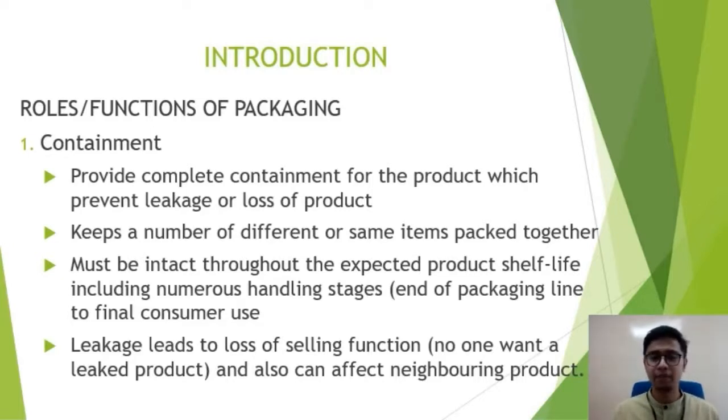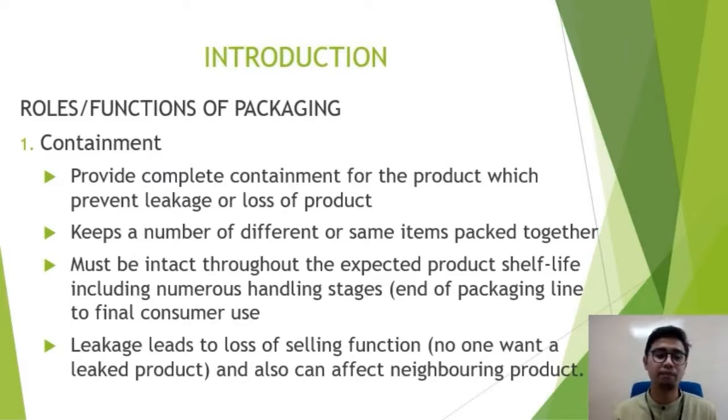And it must be intact in order to serve its purpose as containment throughout the expected product shelf life, including numerous handling stages, until the end of the packaging line to final consumer use. It must be intact, because leakage leads to loss of a selling function. No one wants to purchase a leaking product, right? And also it can affect the neighboring product.